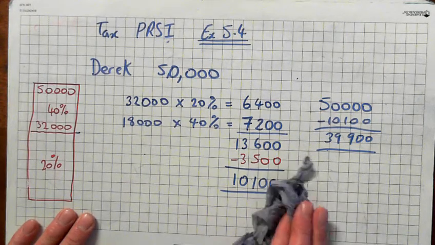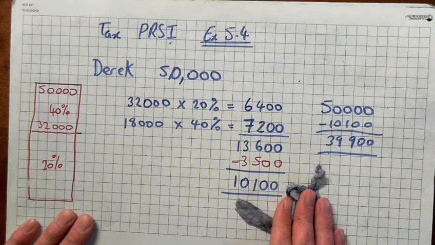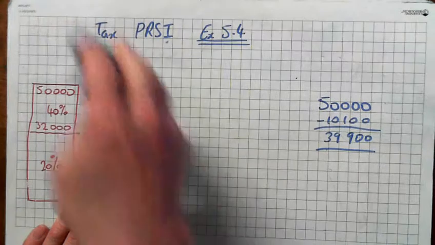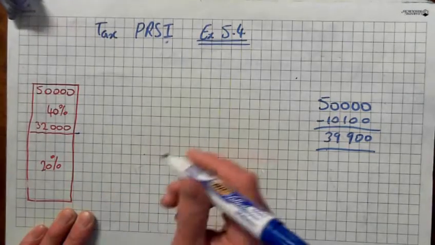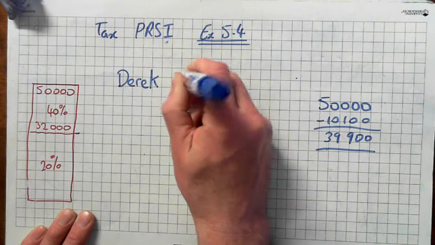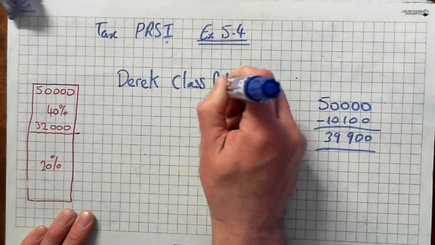So what we need to do now is calculate PRSI. So look at the second bit. Derek is in Class A, or A1, PRSI.